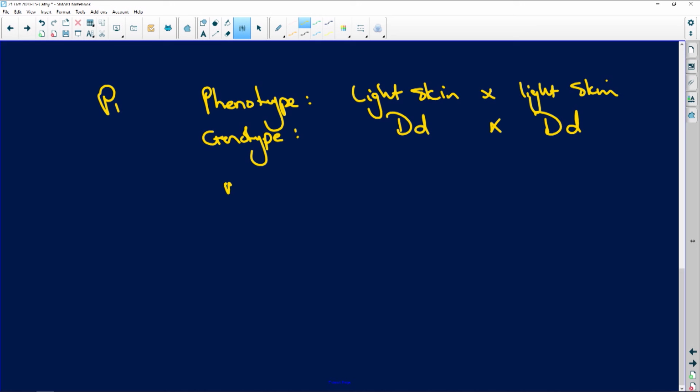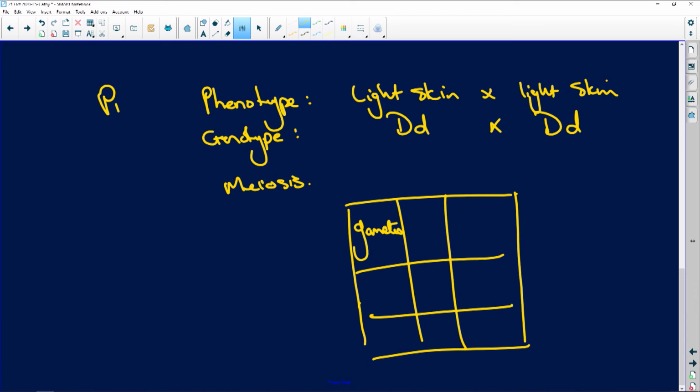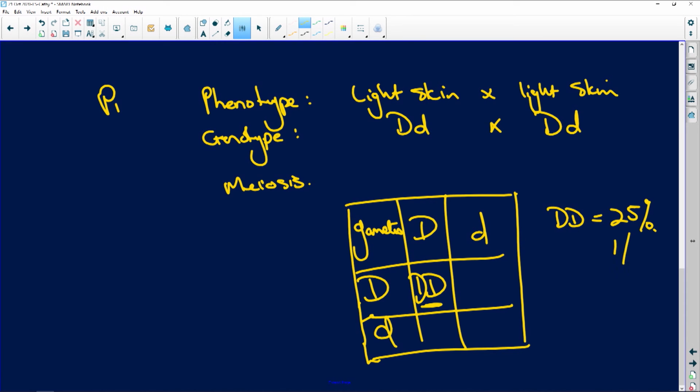And now we have meiosis, and we have our gametes, our little Punnett square. These would be your gametes, and I'm going as fast as I can: capital D, lowercase d, capital D, lowercase d. So DD would be a homozygous dominant offspring, a 25% chance, or 1 in 4.